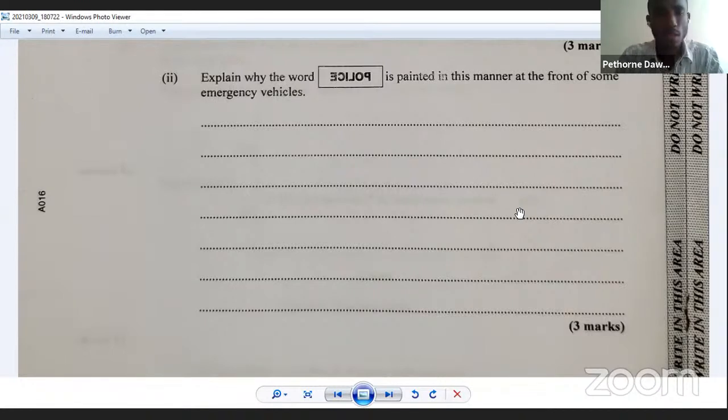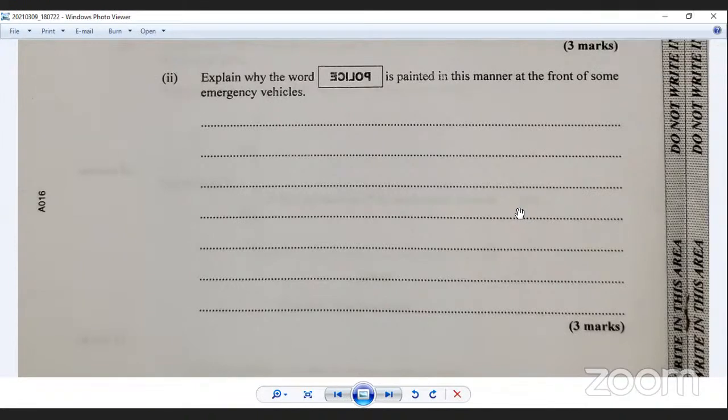When you look at it, when they put it on the vehicle, they put it in this fashion where the letters are turned around and they are spelled in reverse. Right? But does anyone know why? Especially for emergency vehicles. Not really. All right.